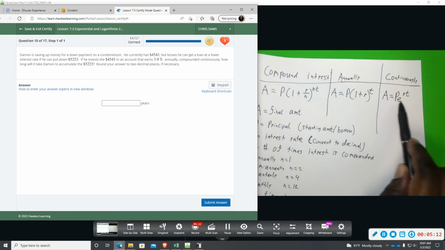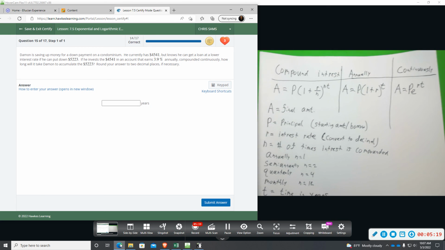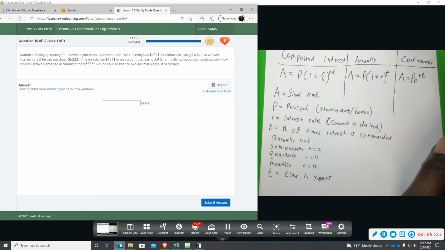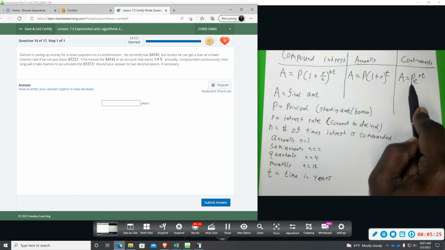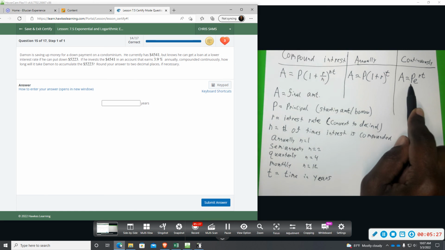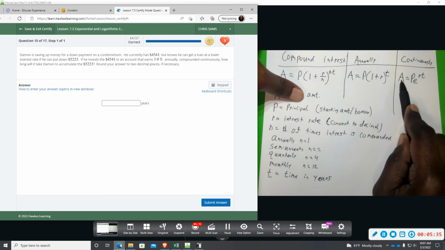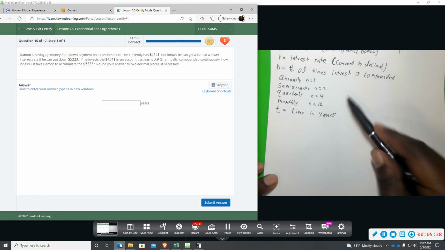So continuous compound is this. And this is the formula that we want to use. In this case, it says compounded continuously. So this is continuous compound. We're going to use this formula. We are told how much money he wants to have, which is $5,223. That's going to be your final amount. So I'm going to start with this formula on this problem.